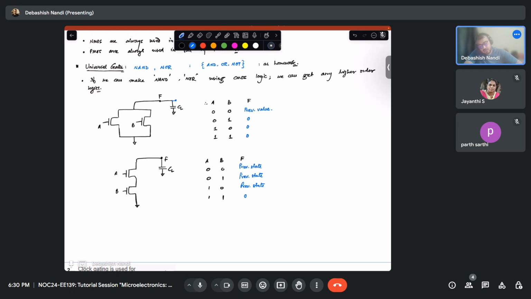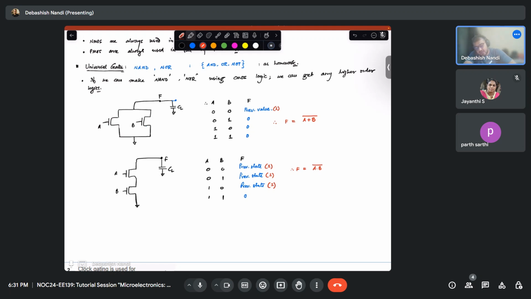Okay. So now, as it is a pull down network, if you assume these previous states to be 1, what kind of logic are you getting? What is the truth table of this logic? Can I write F as A dot B bar? Yes, sir. NAND gate, right?